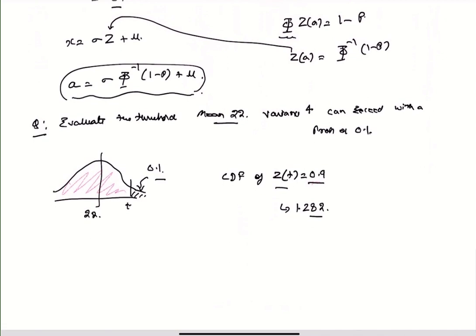Then we can calculate the value of a using the equation a is equal to sigma z plus mu. We know sigma is 2 and the z value we got is 1.282, and we add the mu which is 22 and we get the number 24.564. So the trick is to be able to calculate the value of z.